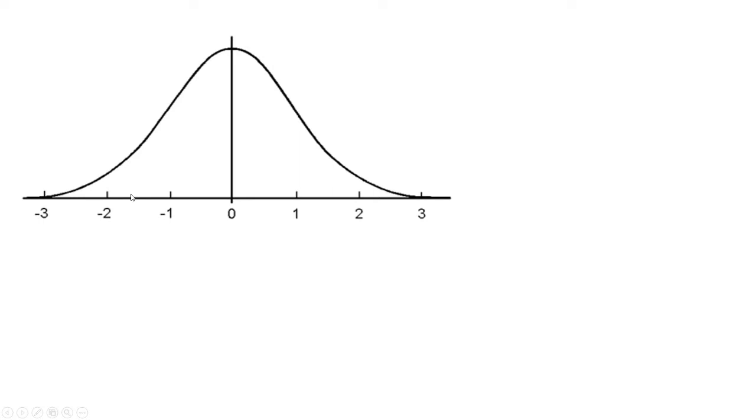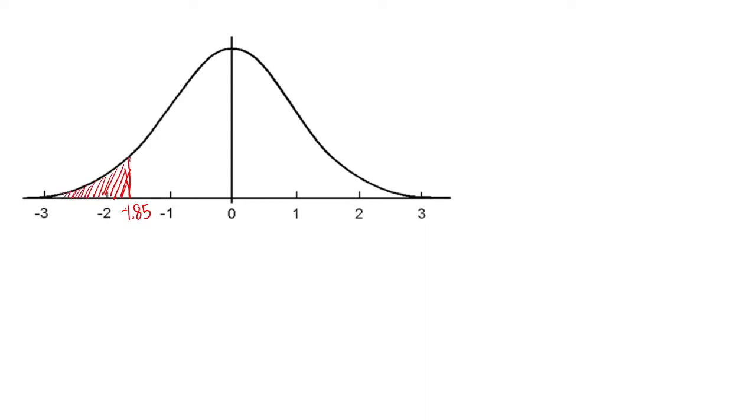I don't have any problems if you shade it this way or that way. It's totally fine, as long as this is negative 1.85. It's between negative 1 and negative 2. Okay? So, to the left. Meaning, this will be the shaded area that you will be looking for.